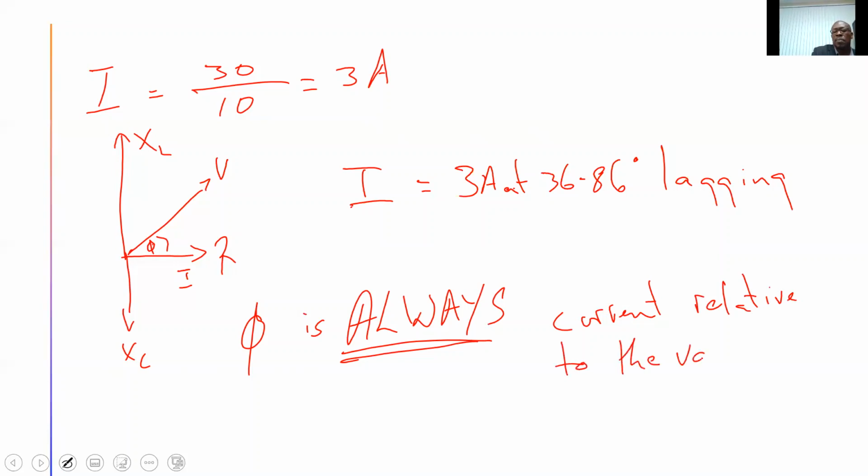So in this instance, because it's inductive, the current would be lagging the voltage since positive rotation is counterclockwise.